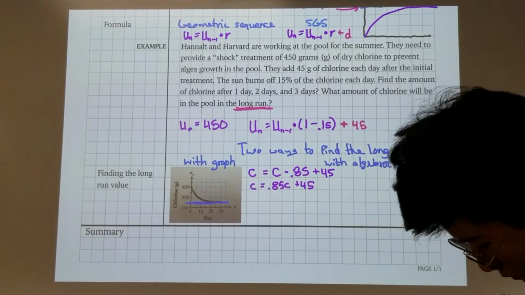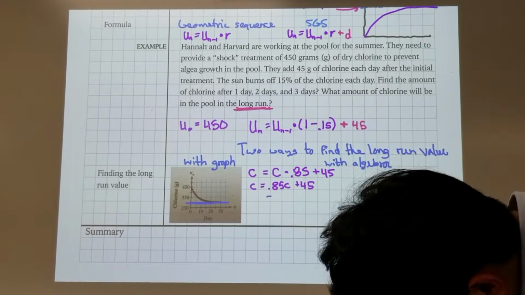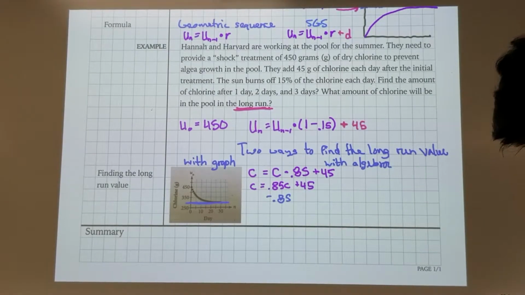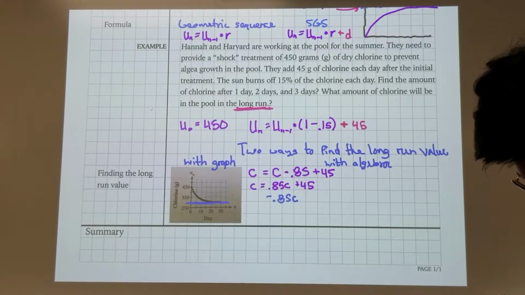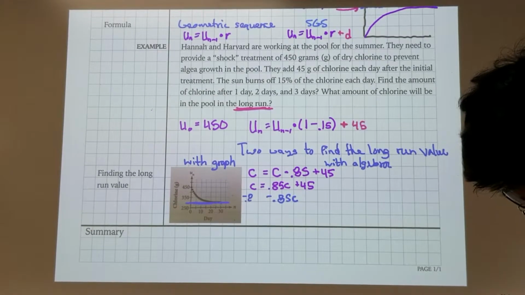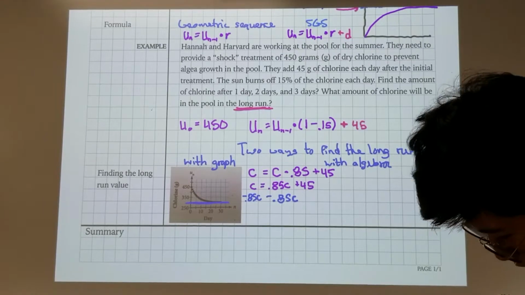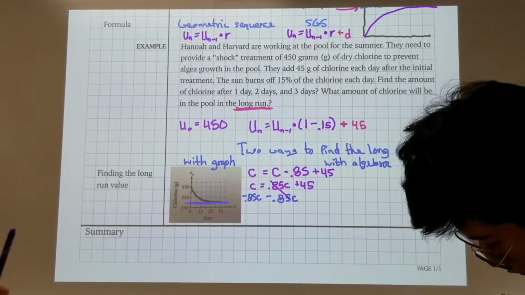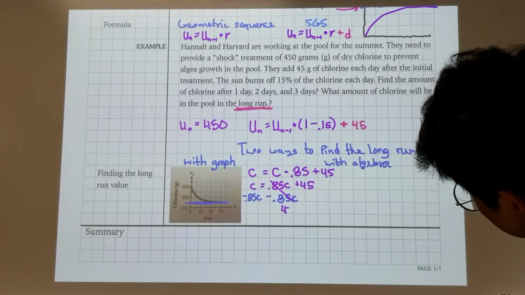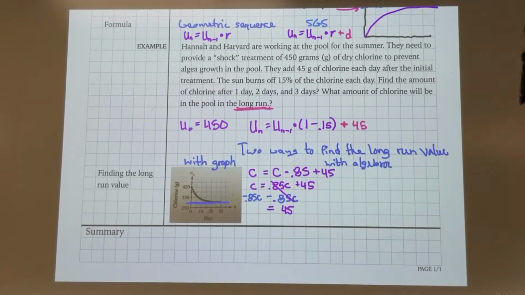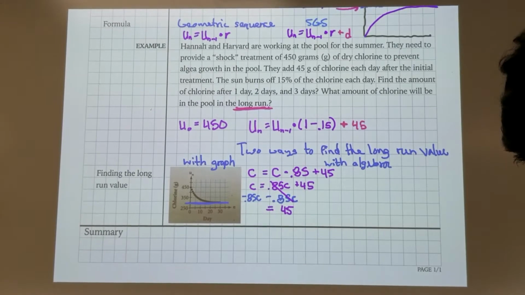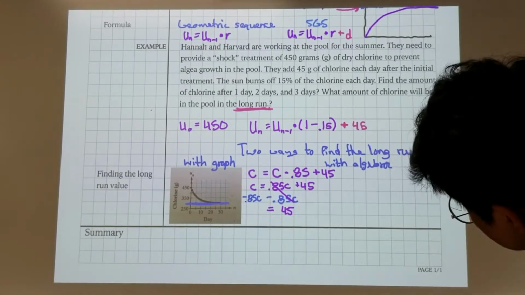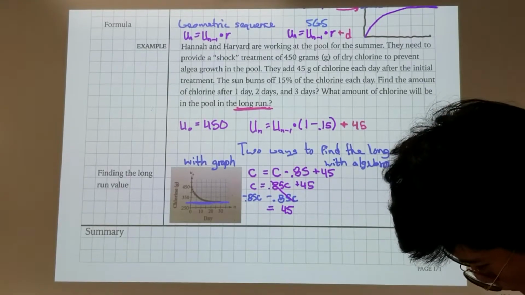Let me walk through it. This is the first time we've done this in a while. Minus 0.85c from both sides gives me, on this side, these cancel out. I just have 45. On this side, what is 1c minus 0.85c? 0.15c. 0.15.